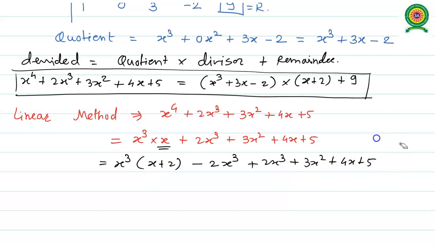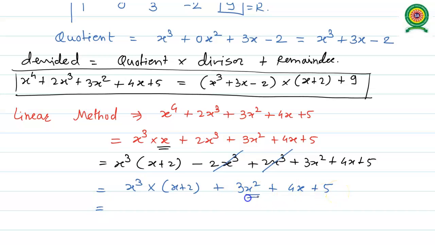But now we have to adjust the x plus 2. Look carefully, the positive and negative terms are cancelled. We get x cube into x plus 2 plus 3x square plus 4x plus 5 as it is.